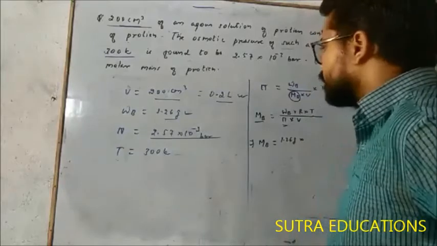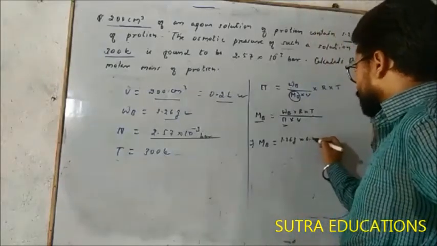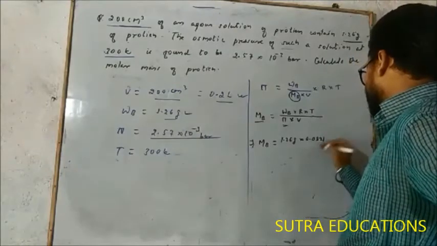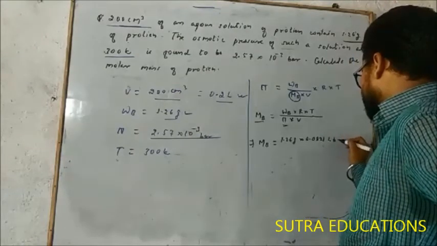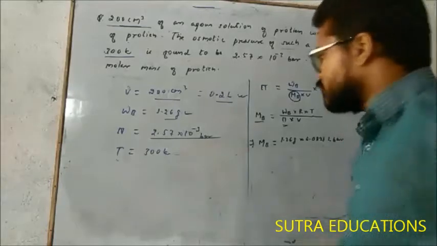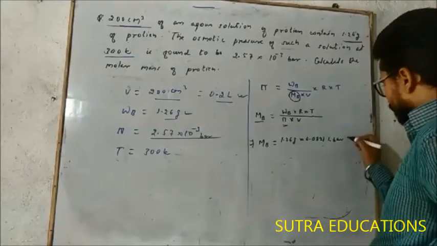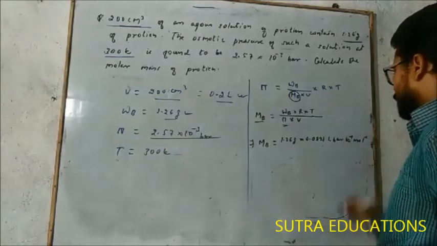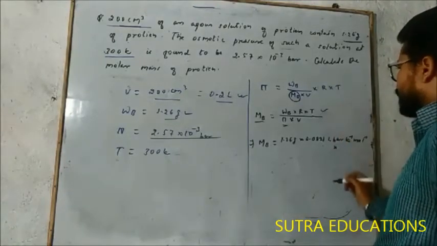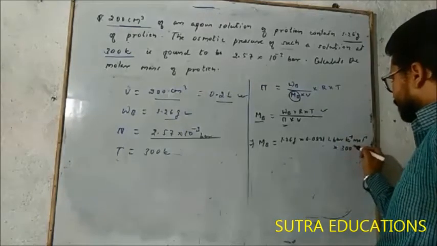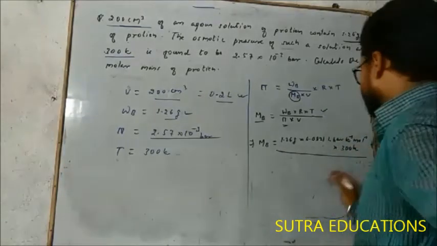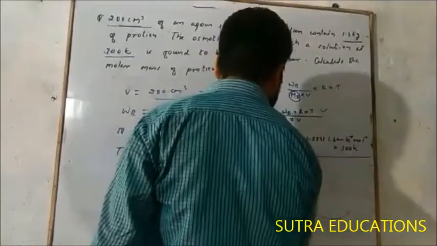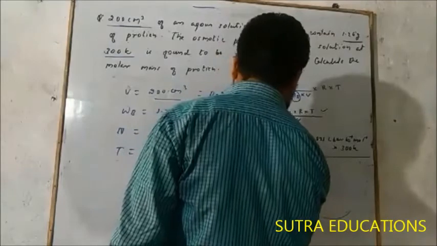into R. I have told you it is 0.0821 liter. It is in bar, na. So write here bar liter bar K inverse mole inverse, multiplied by temperature in Kelvin, so 300 Kelvin it is given, upon pi.